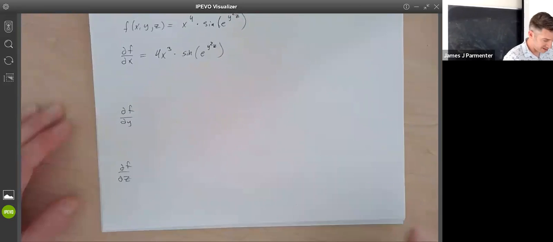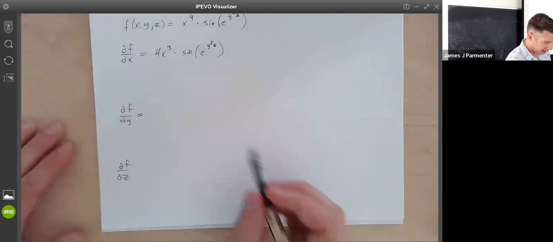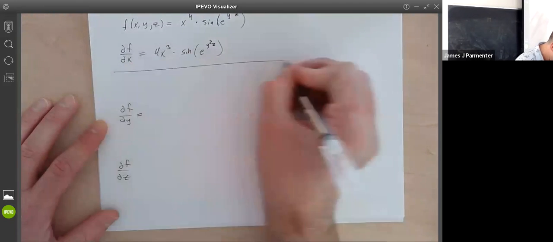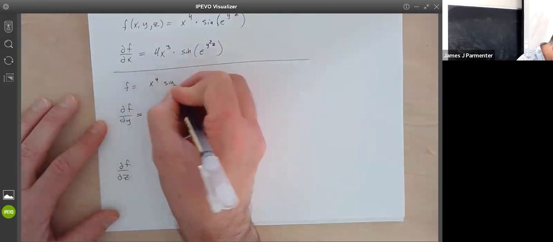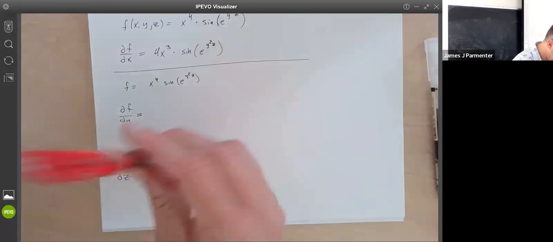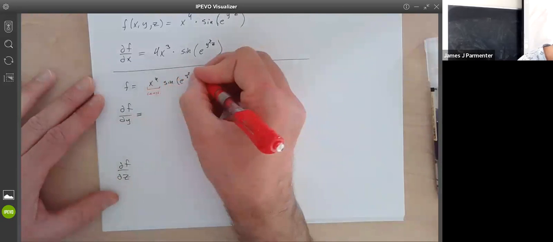On the other hand, del f del y is a little more challenging. I'm thinking of now x^4 times sine of e^(y^2 z). In this case, I'm thinking of this as a constant, and so is that.